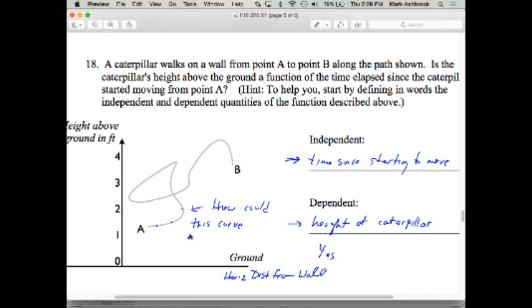In terms of distance and height? Well, I think we already decided if it's distance and height, it's not a function. So how could that curve still be a function? That's what I want to talk about. How could we see that curve still being a function somehow?